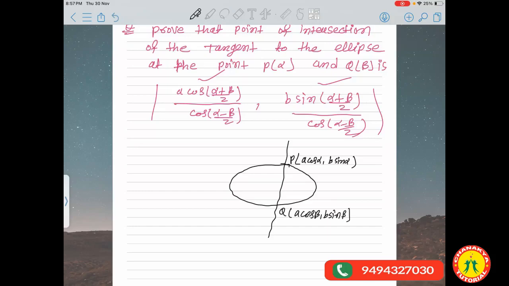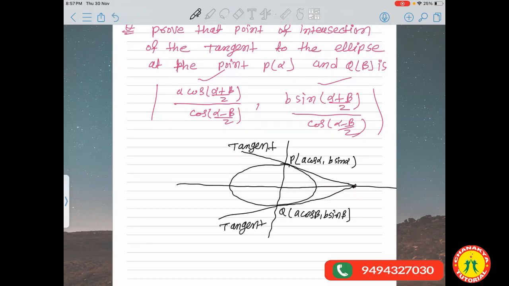You have been asked to prove the coordinates of the point where the tangents at points P and Q intersect. So at P and Q, this is a tangent line, and this is also a tangent. This will be the point of intersection. Let the point R, the point of intersection, be x1 comma y1. So x1 comma y1 is the point of intersection of the two tangents at P and Q.